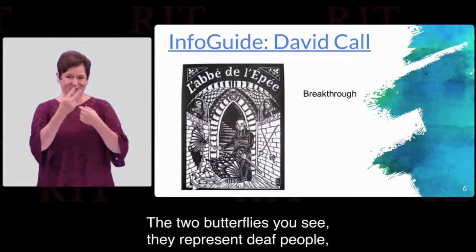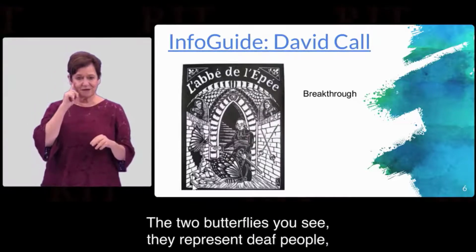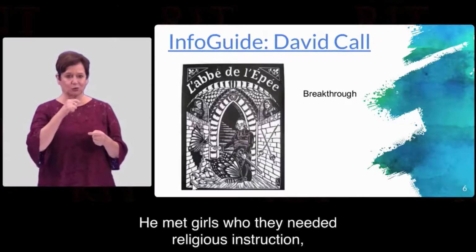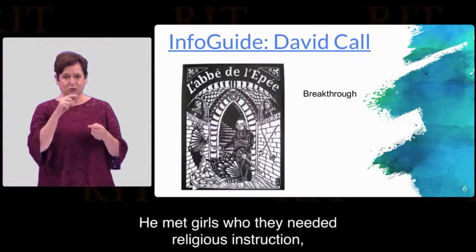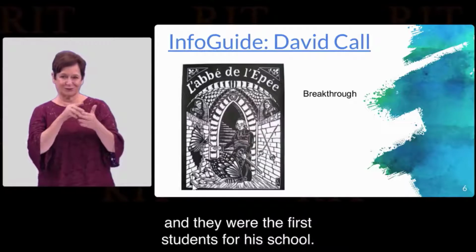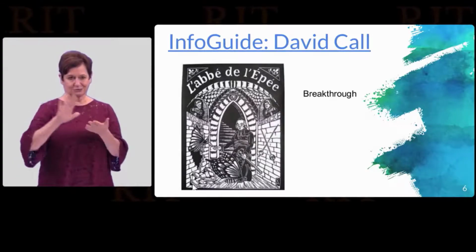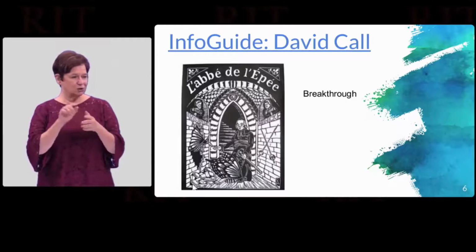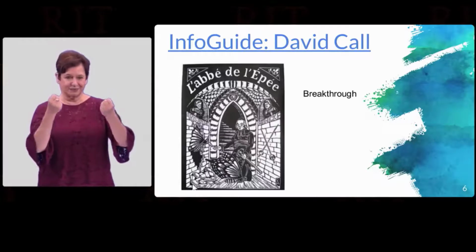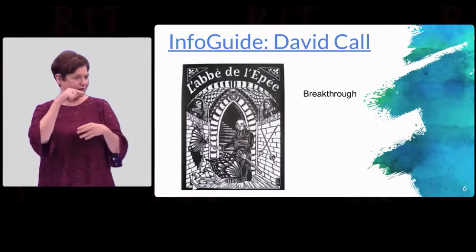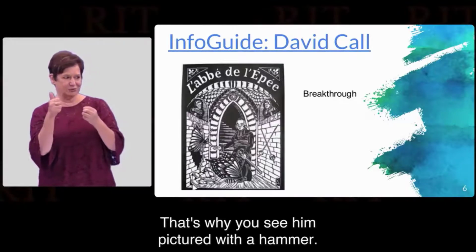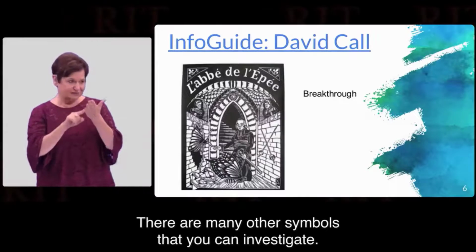Two butterflies you see, they represent deaf people, deaf twins. He met girls who needed religious instruction, and they were the first students for his school. You can also see LePay trying to break down the barrier. That's why you see him pictured with a hammer. There are many other symbols that you can investigate.